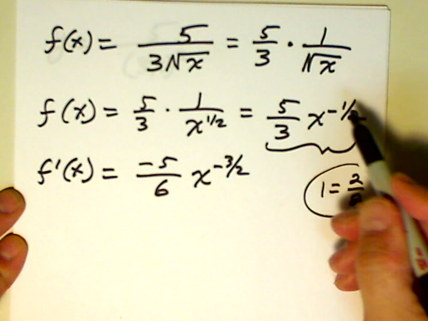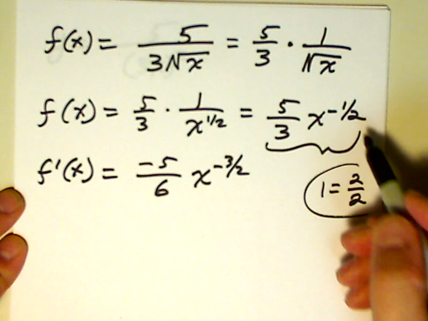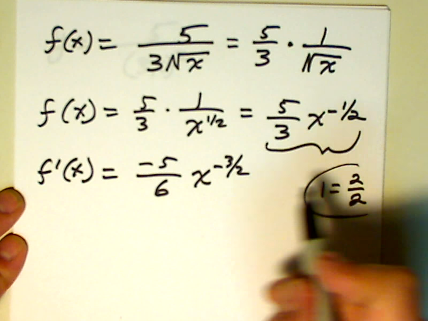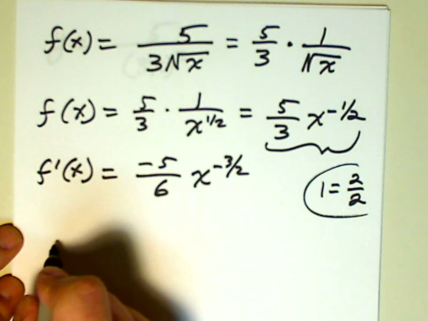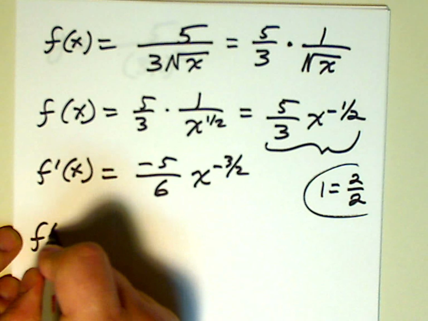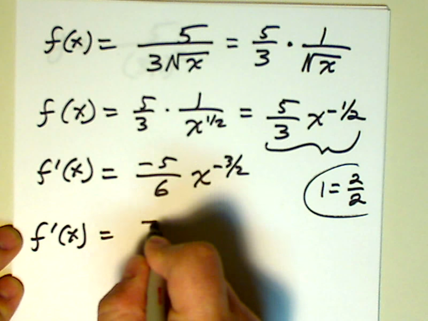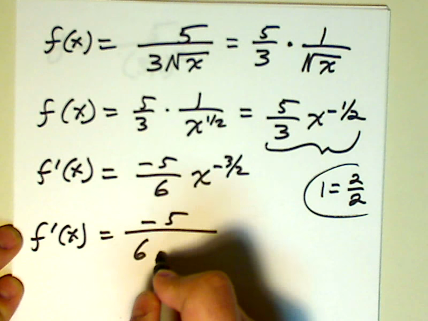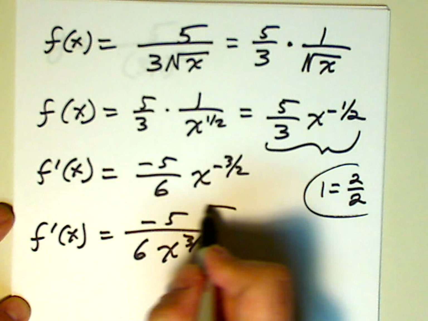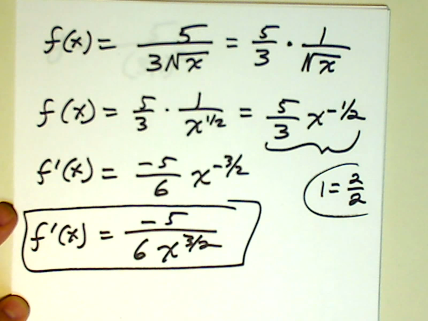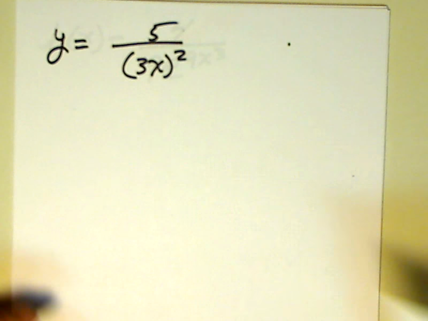So x to the negative 1/2, negative 1/2 minus 2 halves is negative 3 halves, and that's how we get that particular exponent. Now we can clean this up. f prime of x is equal to negative 5 over 6 times x to the 3 halves. And there's our derivative. Not very hard.